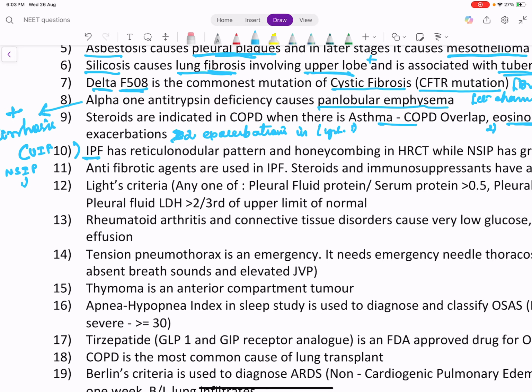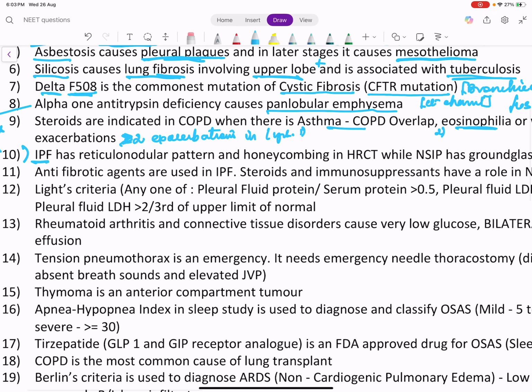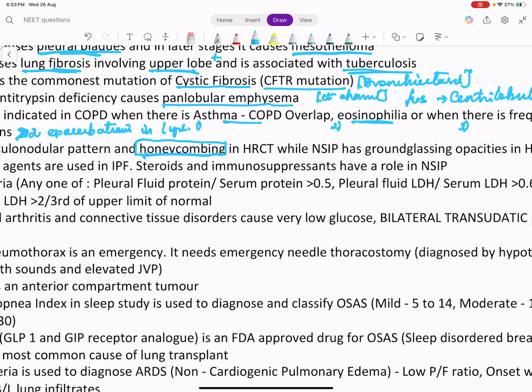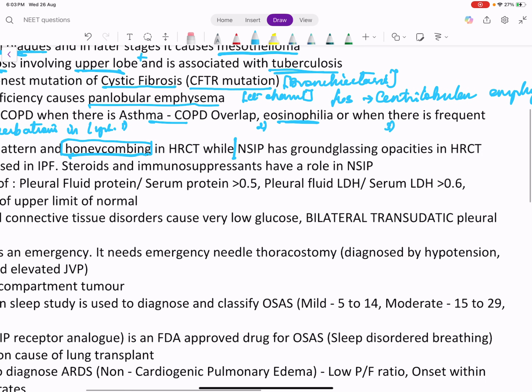It comes in secondary ILD, that is any systemic disease like SLE causing ILD. But rheumatoid arthritis causes a UIP pattern only. IPF has a reticulonodular pattern and honeycombing. Honeycombing is typical of UIP or idiopathic pulmonary fibrosis, whereas NSIP, non-specific interstitial pneumonia, shows ground glassing.